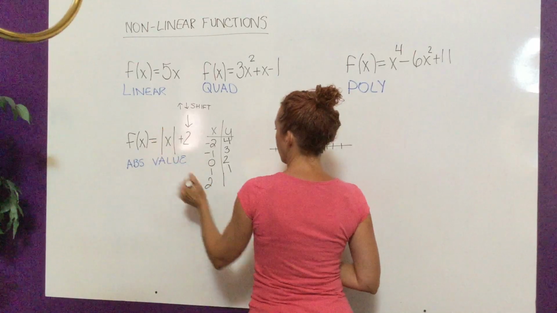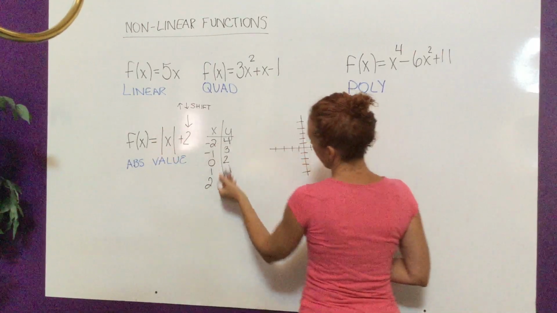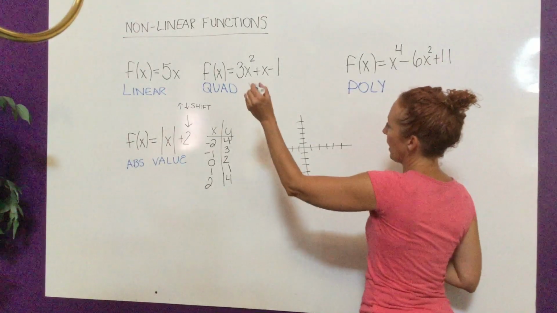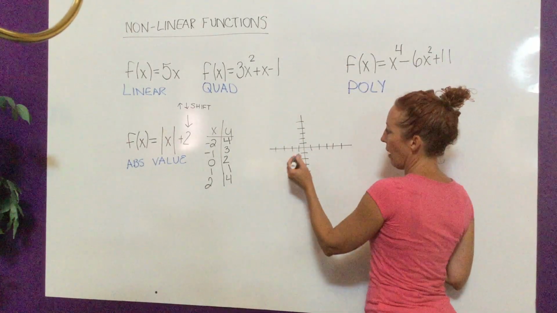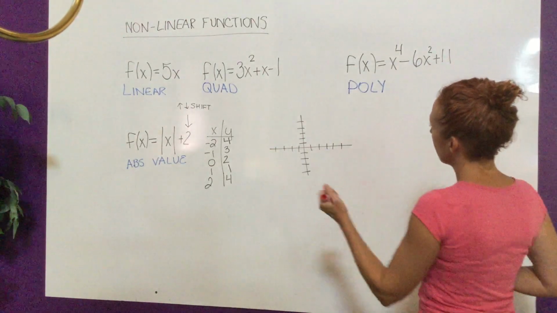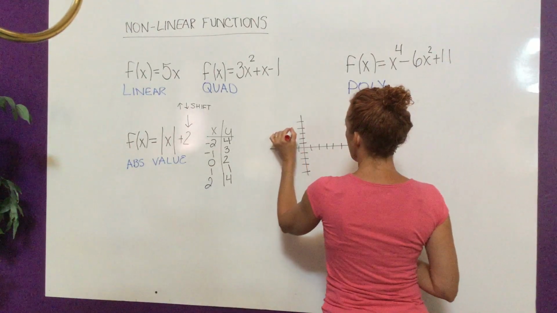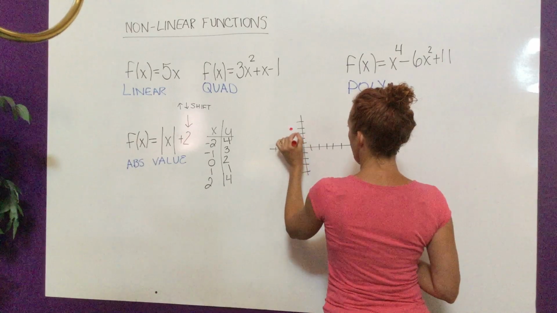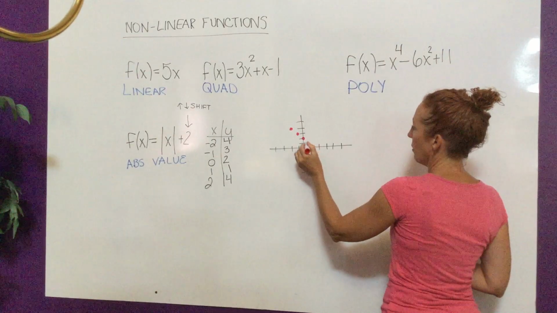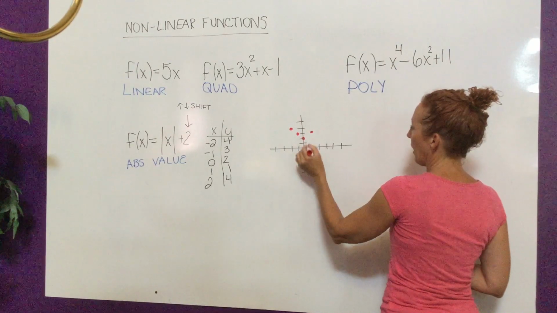And if I plug in 2, I go back to 4. So you should see this repeating pattern, because when we think about a V, it's got to go down and then back up again. So let me switch colors. So -2, 4, -1, 3, 0, 2, and then we go back up again.